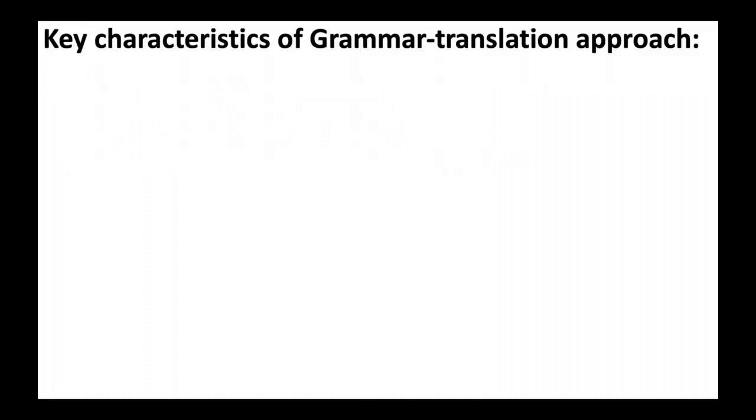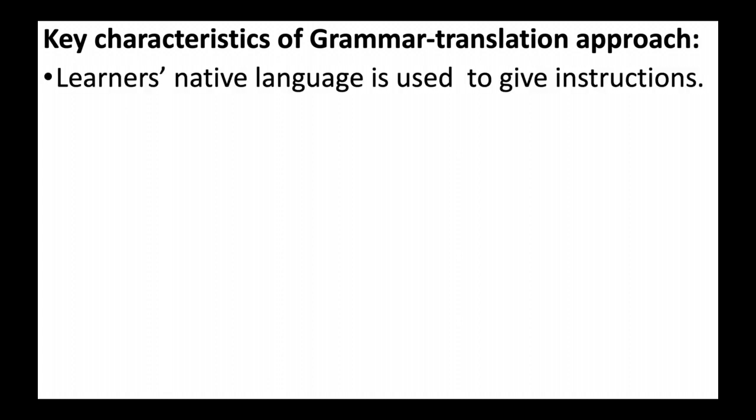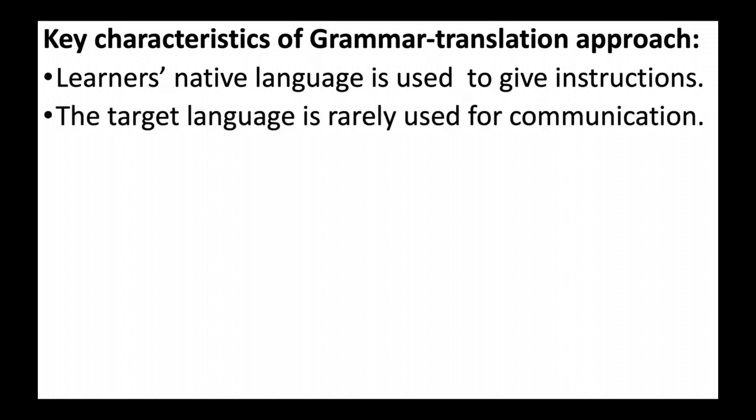And some of the key characteristics of grammar translation is that instructions were given in the native language of the learners. All right. When it comes to teaching, you use the learner's native language. And then also the other aspect is that the target language, that is the language that you are teaching in your class, is rarely used for the purpose of communication.